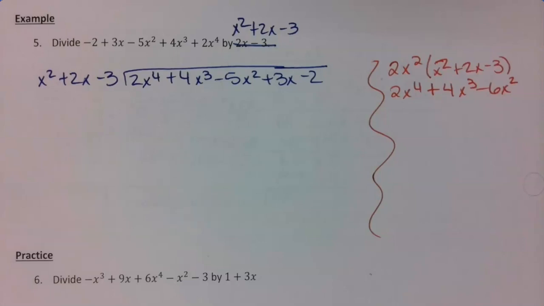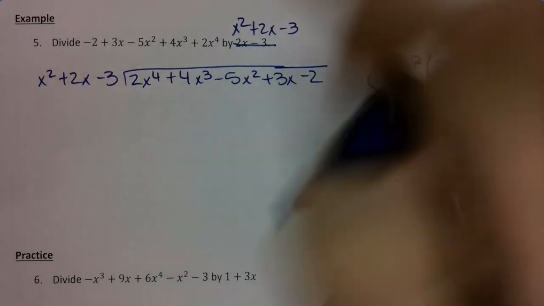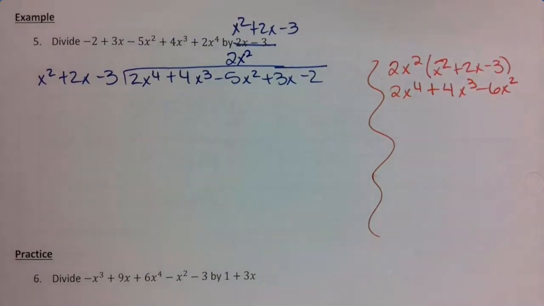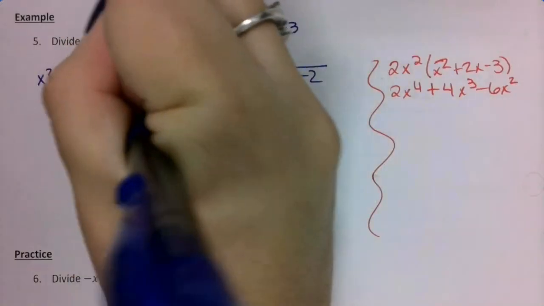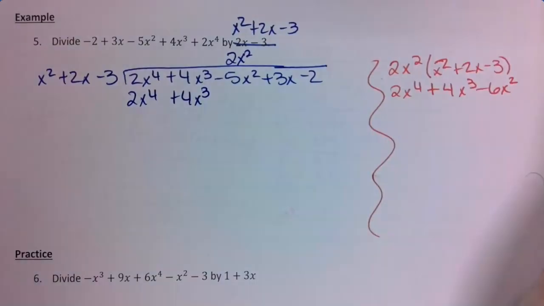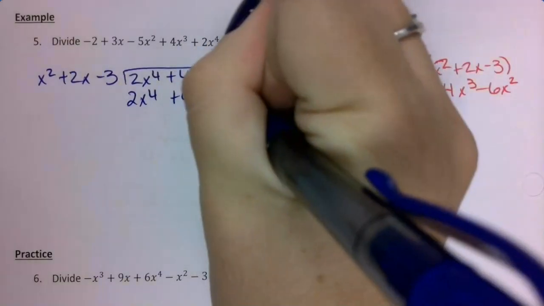Okay, then I want to write what I multiplied up above. So I had 2x squared. And I want to write what I got below. So I had 2x to the 4th, 4x cubed, and negative 6x squared.